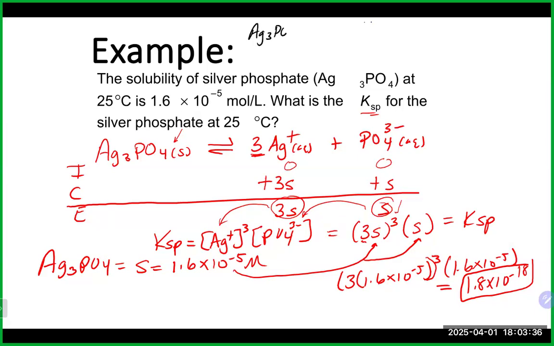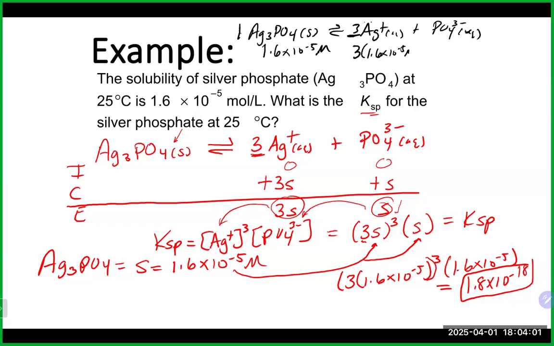So if you had this guy, as we talked about a second ago, and then we've got 3Ag+ and PO4 3-. And if you know the concentration of the whole thing is 1.6 times 10 to the minus 5 molar, you could do a 1 to 3 relationship in terms of the concentration, and you could times it by 3 and get the silver concentration and see it's a 1 to 1 relationship.